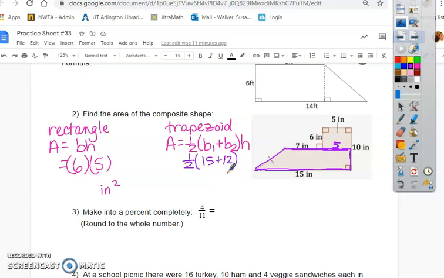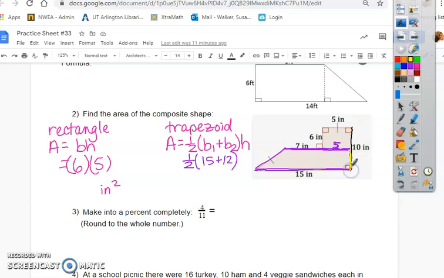Now, I need the height of the trapezoid, which is just from here to here. Okay. Now, I know this distance is 10, right? So this distance is not 10. That's this length from here to here. That is 10. Okay, I need from here to here. Okay, I need right here.